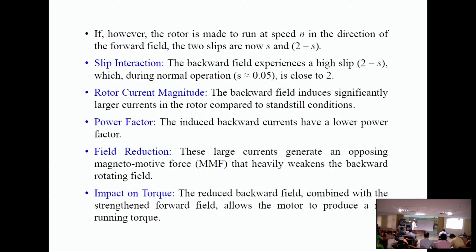Then, in the second case, suppose the rotor is made to run at a speed n in the direction of one of the fields, say the forward field, by hand. At starting, s is equal to 0 or 1; at starting s is equal to 1 for both forward slip and backward slip. If we rotate the rotor in the forward direction, the slip value will reduce from 1. If the rotor is made to run at speed n in the direction of the forward field, the two slips are now s and 2 minus s.